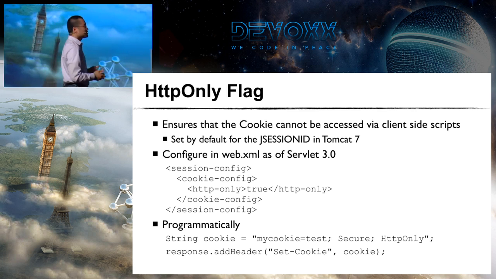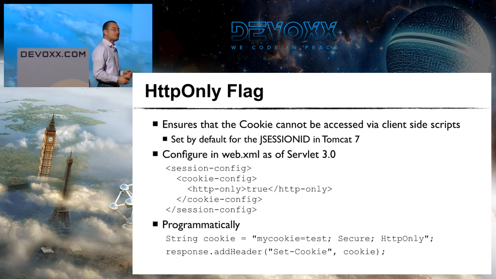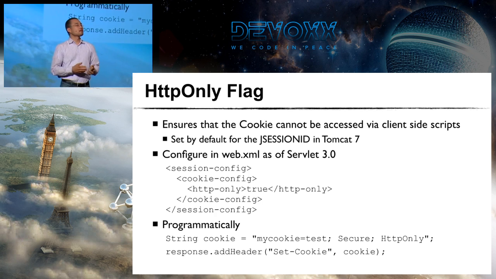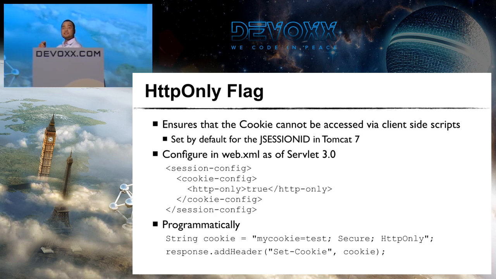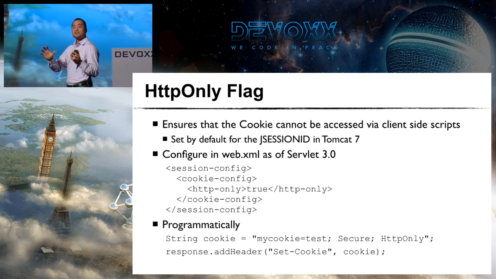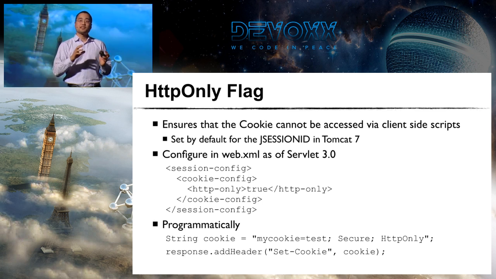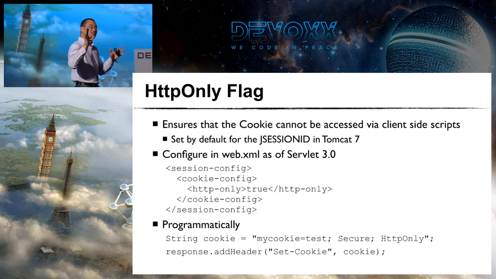The first thing that you can do is use the HttpOnly flag. Now, who has this turned on in their applications already for some of their cookies? All right, maybe 10% of the folks, not bad. Now, the HttpOnly flag, when you define the cookie as HTTP only, it ensures that the cookie will never be sent from the browser up to the server over a non-SSL connection. Oh no, excuse me, I'm mixing things up.